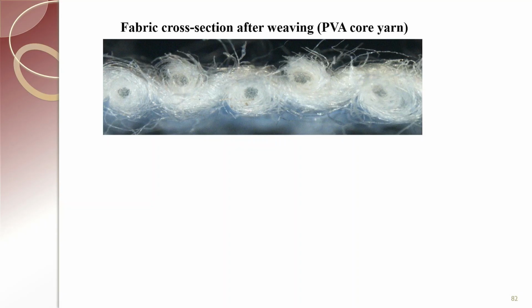Now, if we see the fabric cross section of fabric after weaving with PVA core fiber. So, before washing, the PVA core filaments are easily visible here. This is the core spun yarn.